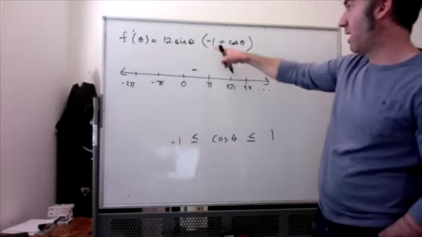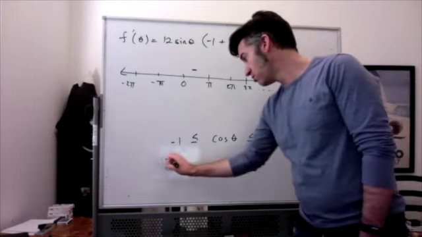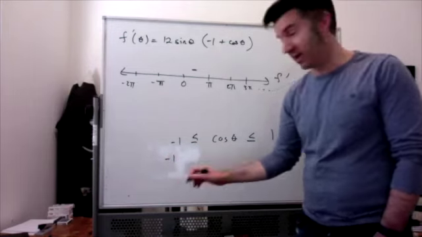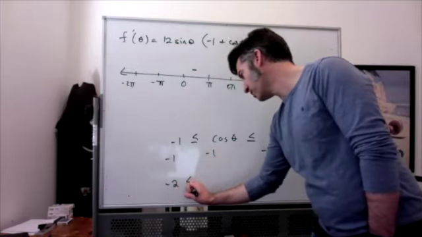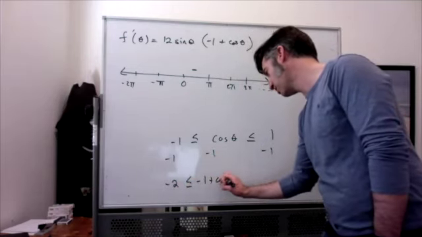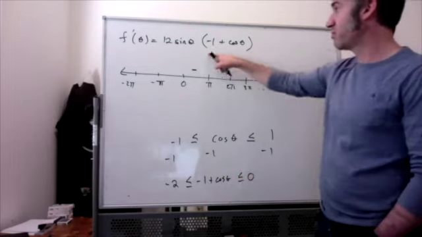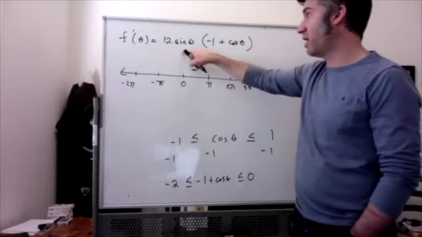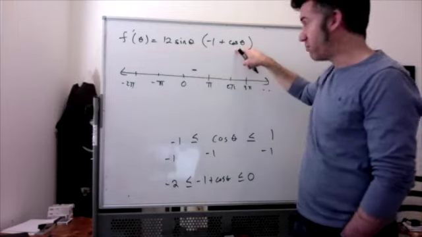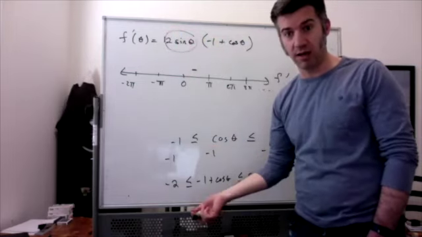If we add negative 1 to each part of this inequality, we get negative 2 less than or equal to negative 1 plus cosine theta less than or equal to 0. So this part is always negative. Then we can determine the sign of our derivative by just looking at when sine is positive and when sine is negative.